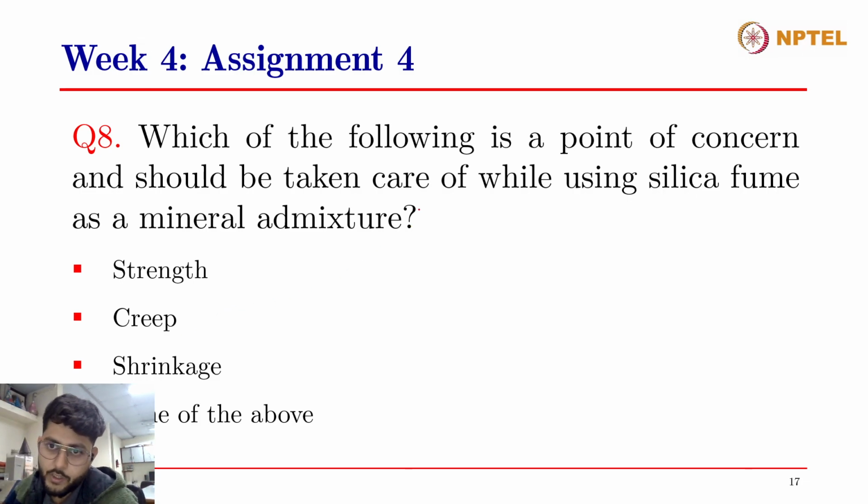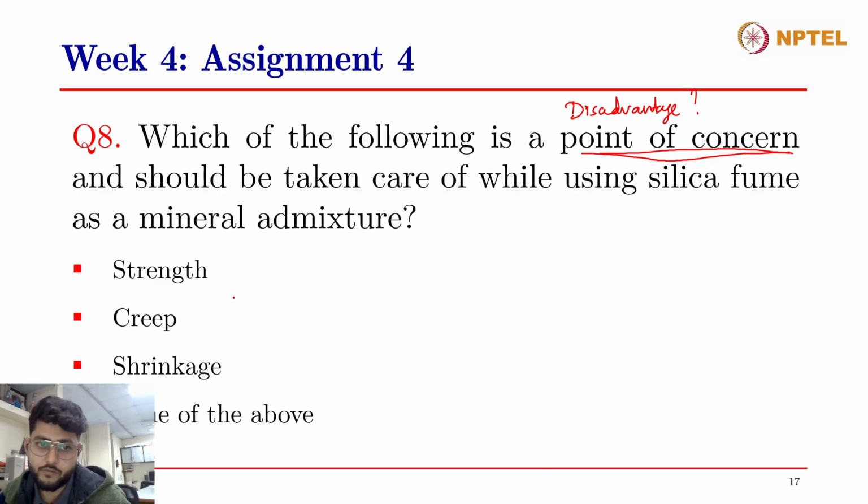So by point of concern, it means that what is affected, the disadvantage. You have to find the disadvantage of adding a large amount of silica fume. What is the disadvantage? So strength is increased when you add silica fume to concrete or cement. So that is not a point of concern then.